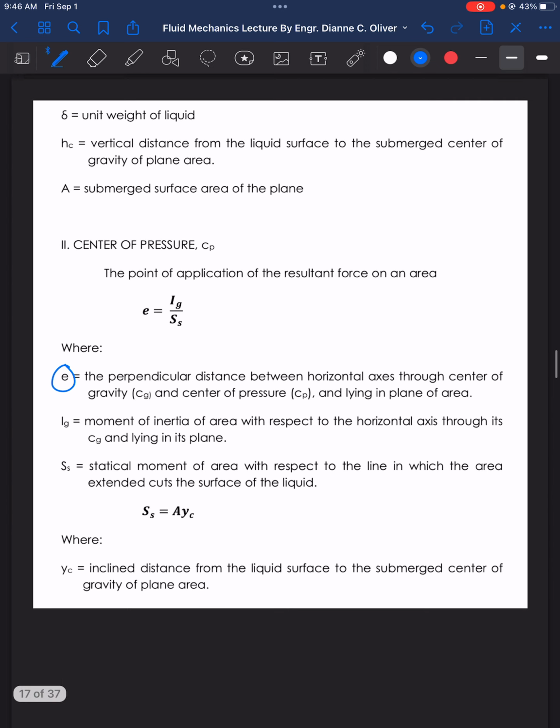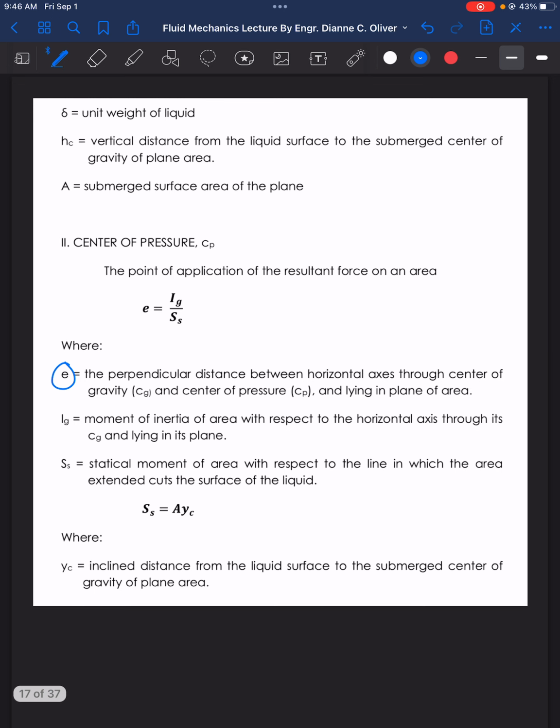Here is the formula to be used in solving for the eccentricity E. E is equal to Ig, the moment of inertia of area with respect to the horizontal axis through its center of gravity lying on its plane, divided by Ss, the statical moment of area with respect to the line in which the area extended cuts the surface of the liquid.